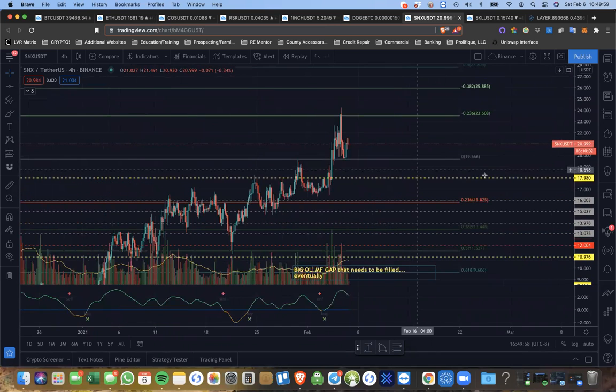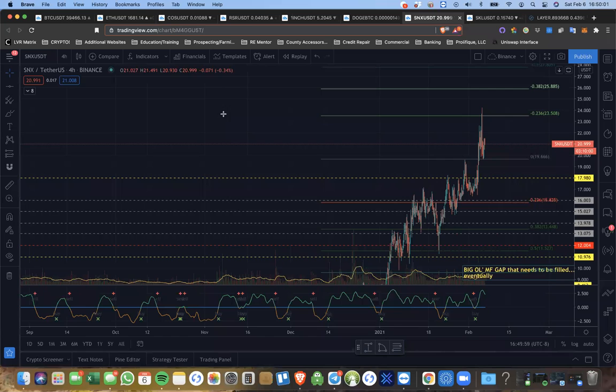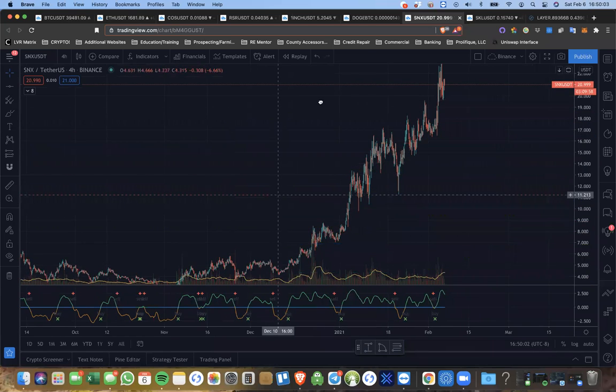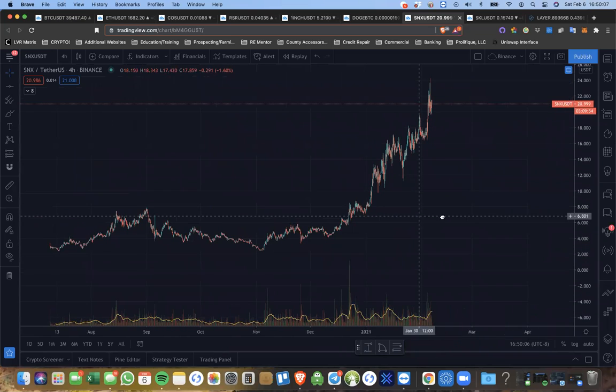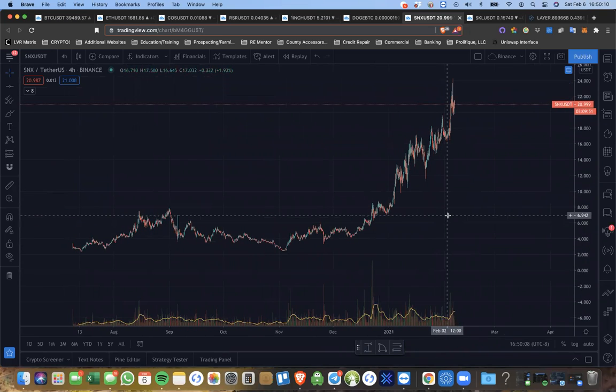So what we could expect for something like SNX, you really want to zoom out. The reason why you want to zoom out is you see something that a lot of coins have. Sushi has the same chart, 1inch kind of has the same chart.